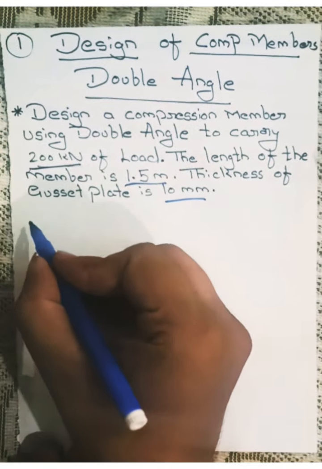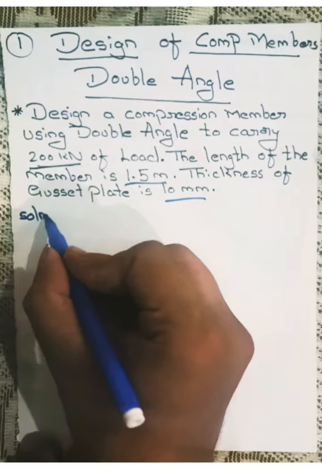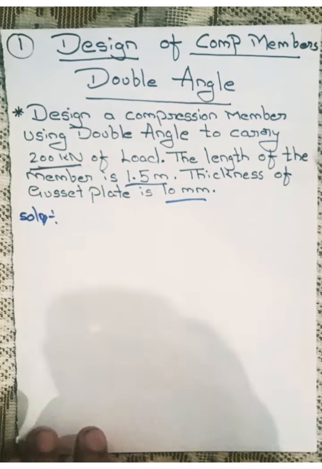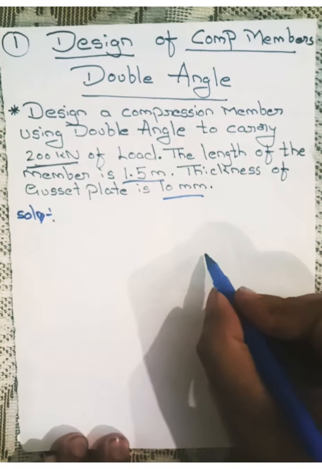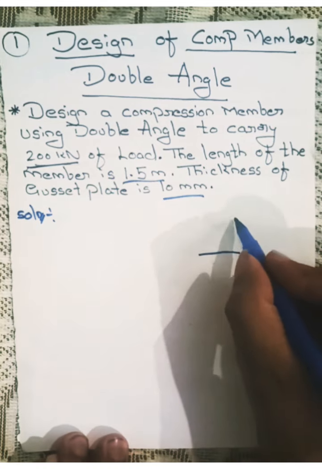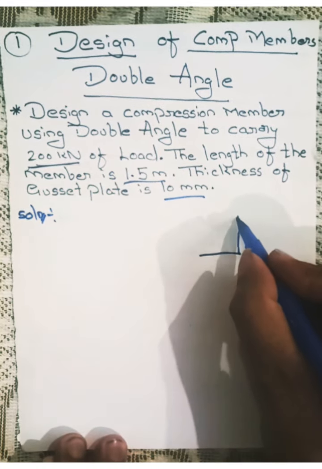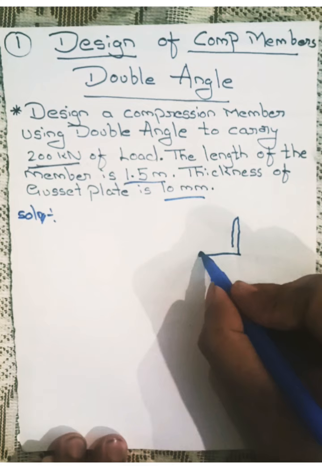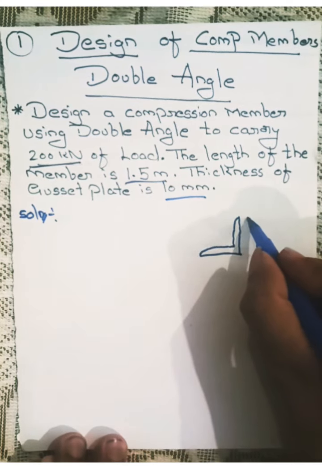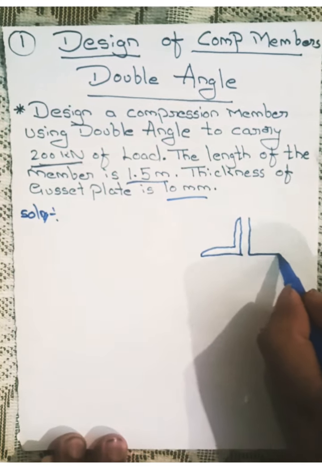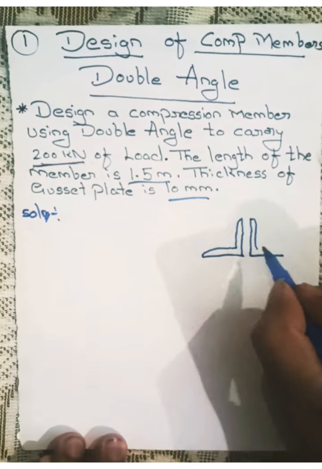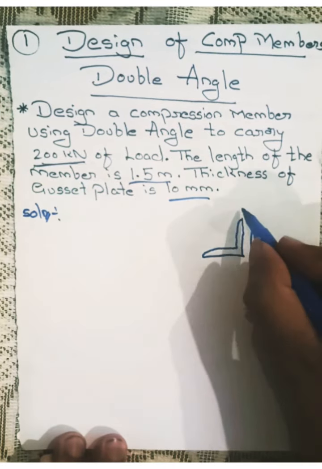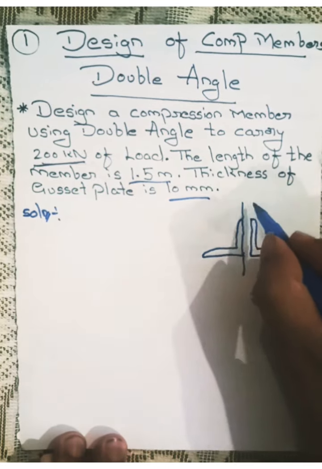So now let us solve this problem. It's a double angle. That means we have one angle here like this and one more angle like this, which is connected to a 10 mm gusset plate.